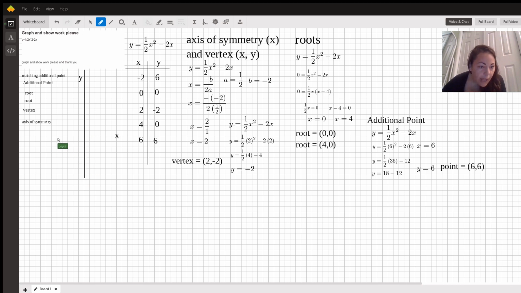Okay, so there's my y-axis, and here's my x-axis. I'm going to make this a little bit longer.